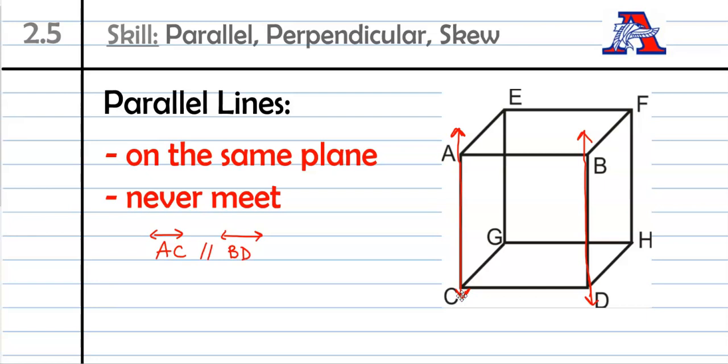And then let's do one more. Let's go to the bottom here. So if I did line GH, the line that would be parallel to that one, we have a couple options. We could do the front here, or we could have done this one on the top too, right?